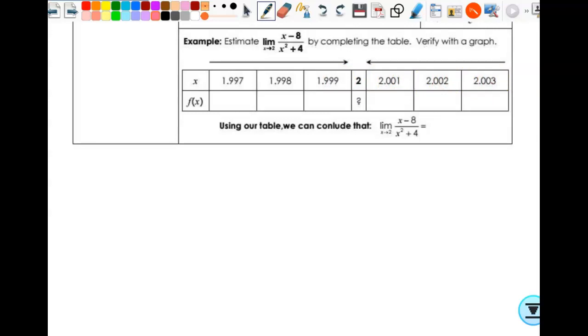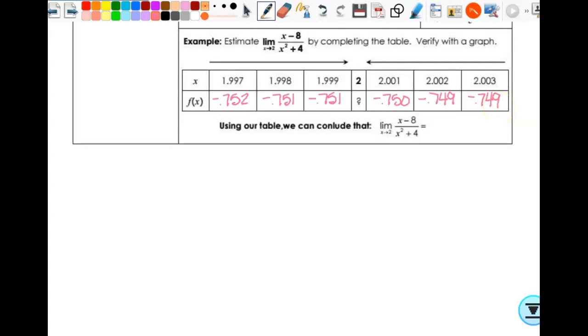So if we were to substitute in 1.997, you would get negative 0.752, and then negative 0.751, and then negative 0.751. Substitute in 2.001, we'd have negative 0.750, negative 0.749, and negative 0.749.